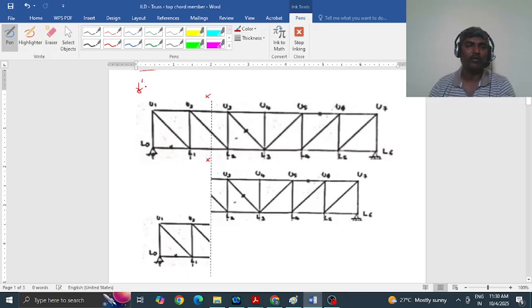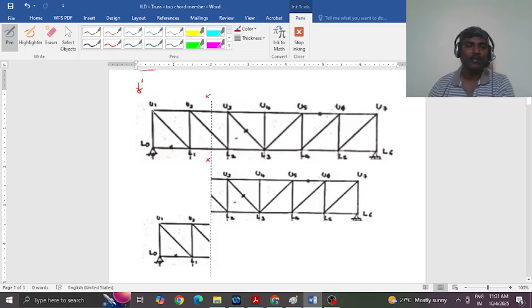As one unit load travels across the truss, how the member force in U2 U3 changes, the plot that shows it is called the ILD for this member force. Now assume one unit load is traveling from U1 to U7.